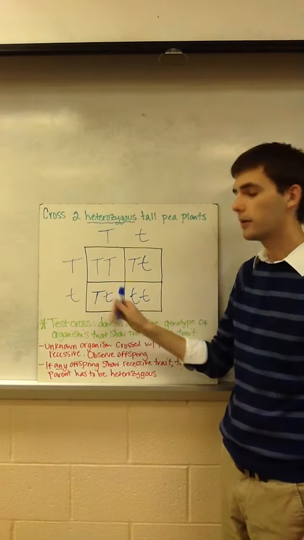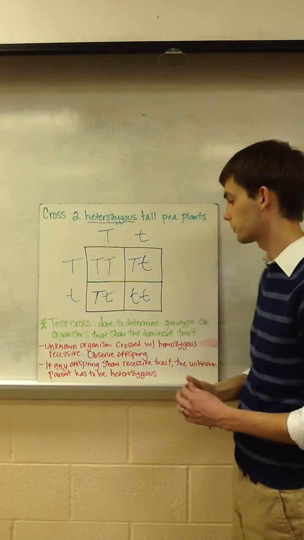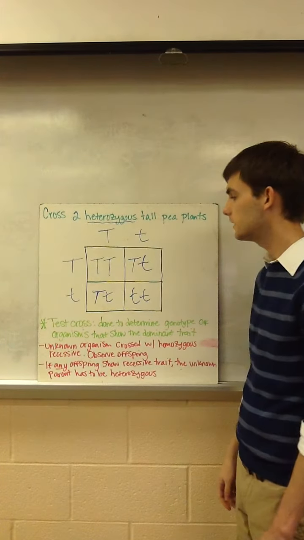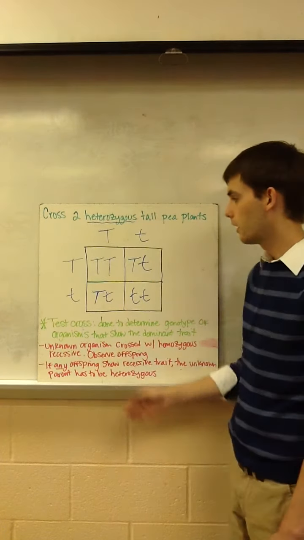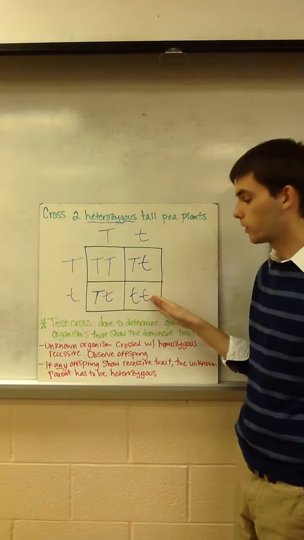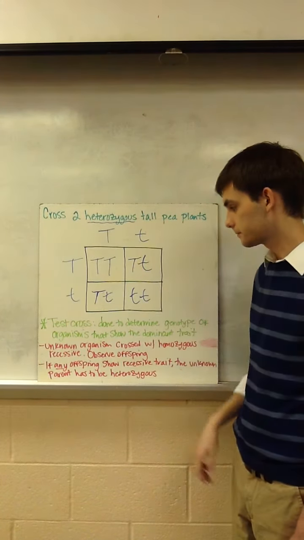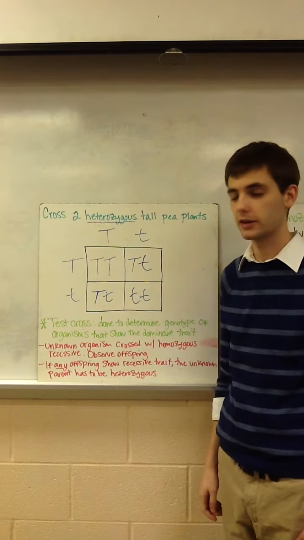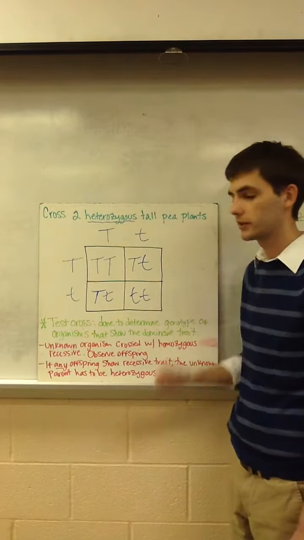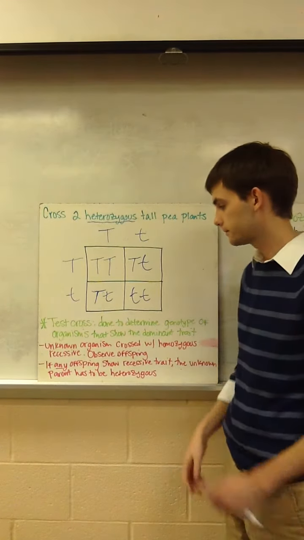Remember, the dominant allele is normally written first. So by looking at this Punnett Square, we can see that the offspring produced will be 3/4 tall and 1/4 short. We can also convert that to percentages. So 75% of the offspring will be tall, and 25% chance that they will be short.